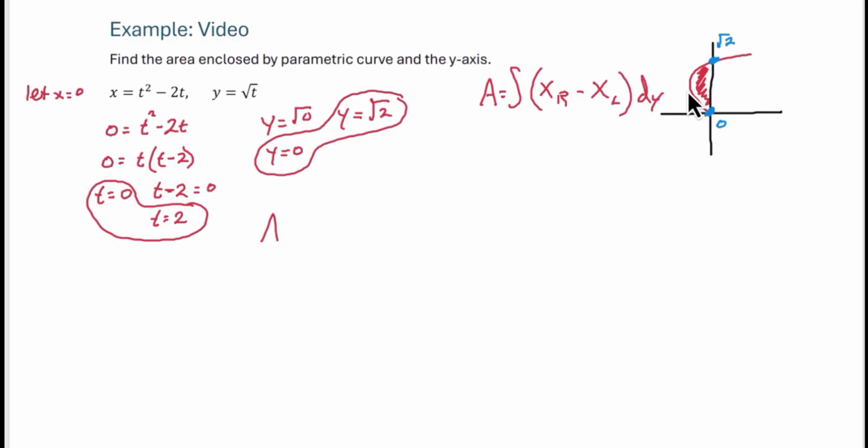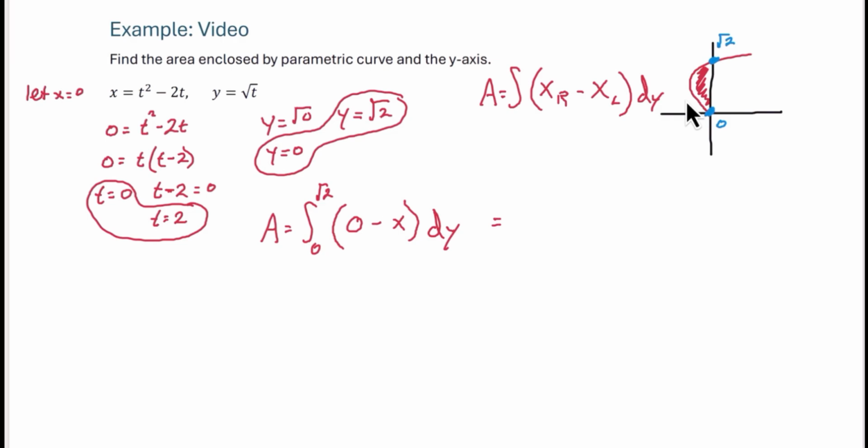So our area is the integral from 0 to the square root of 2 of the rightmost x value, which is 0, minus the leftmost x value, which for now we're just going to call x. And we again are integrating with respect to y.